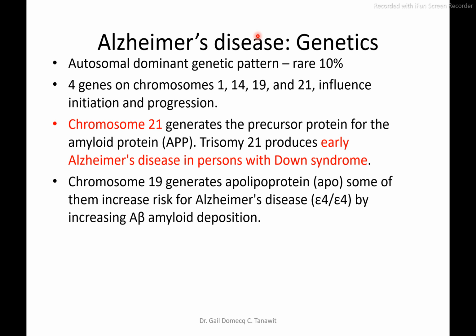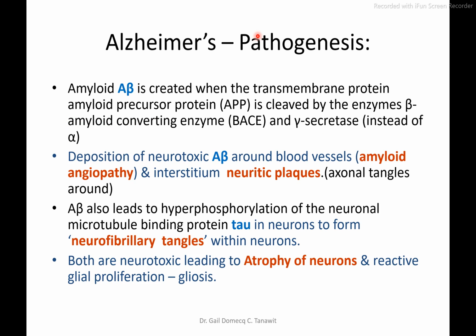Patients who have trisomy 21 develop early Alzheimer disease. So you know that it's trisomy 21, this is a patient with Down syndrome. Chromosome 19 will also generate apolipoprotein. Some of them will increase the risk for Alzheimer's disease by increasing the alpha beta amyloid deposition.